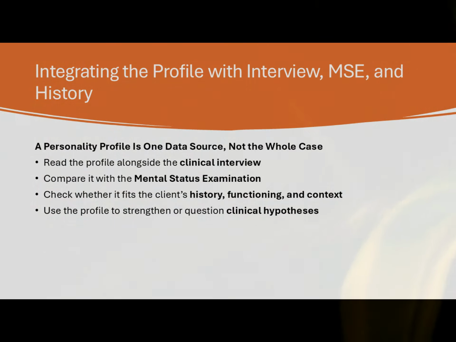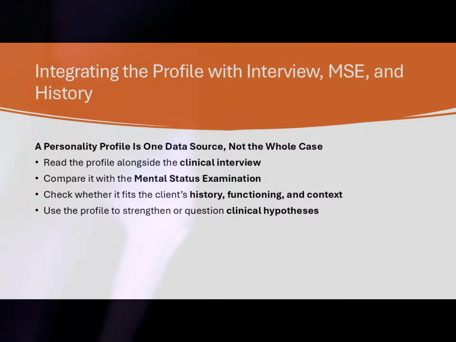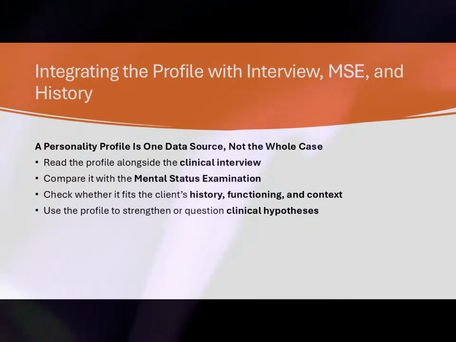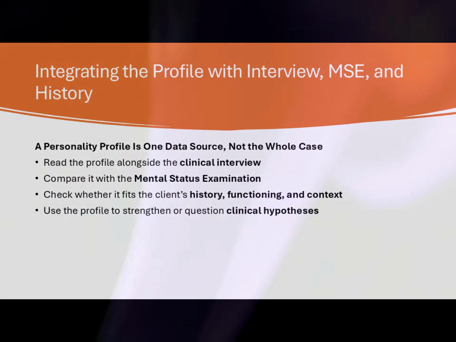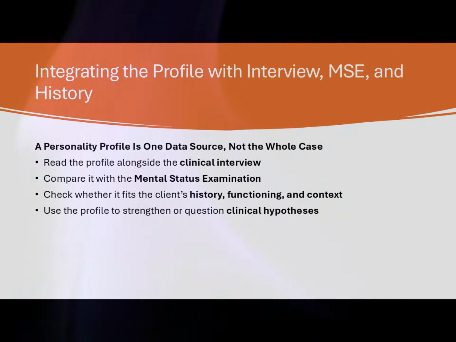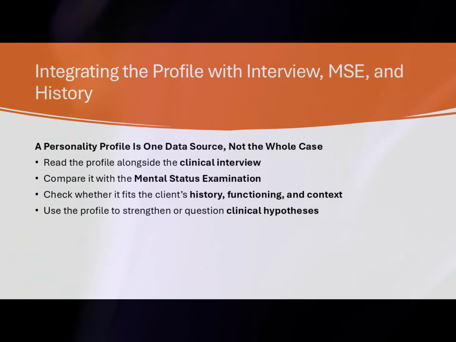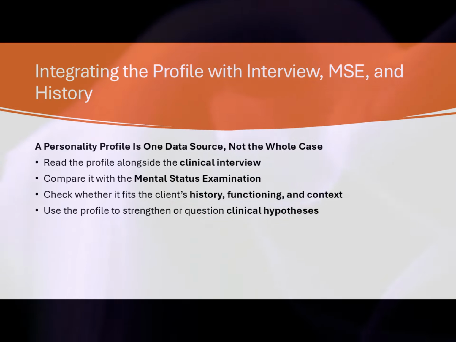And one of the most important practical uses of objective personality assessment for counselors is knowing when the profile suggests that routine counseling is not enough. And that is when it's important to do a referral. That's one of the great values of these kinds of tests.